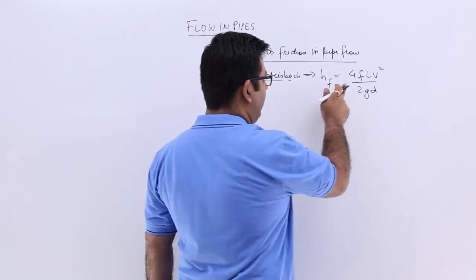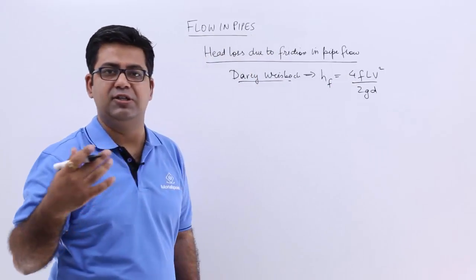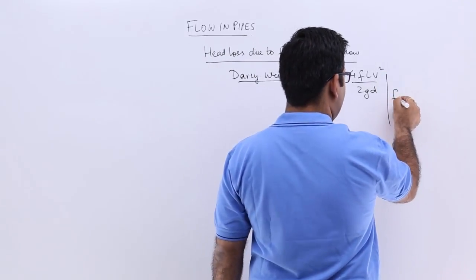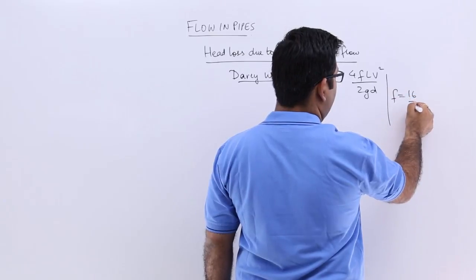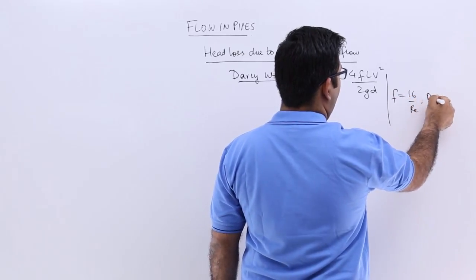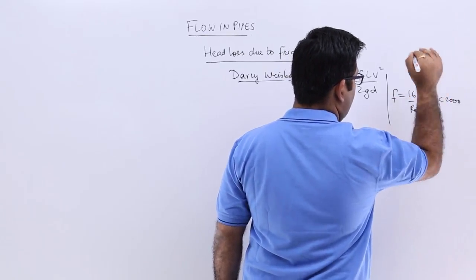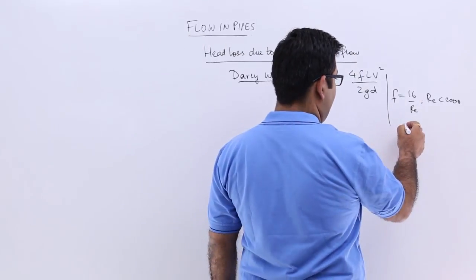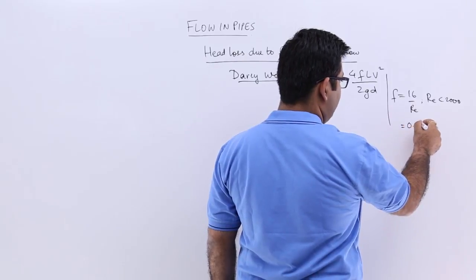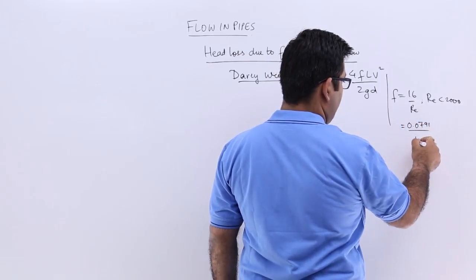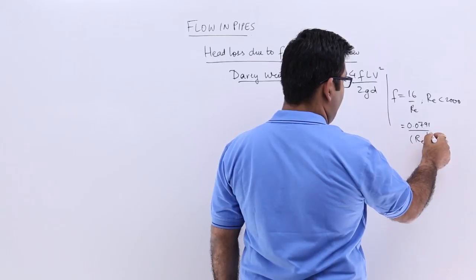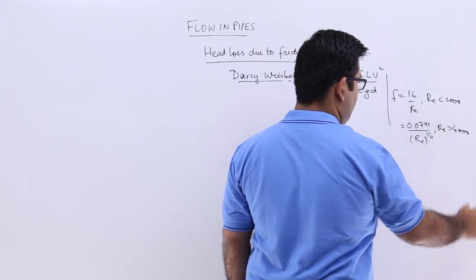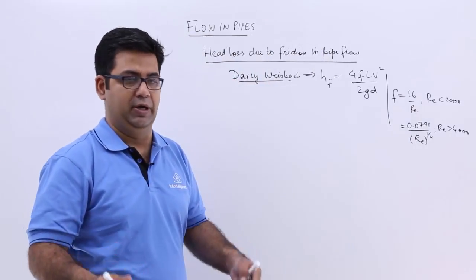So this friction factor depends upon the Reynolds number basically. So you can say that F is equal to 16 upon Re if the flow is laminar, which means it is viscous, and the friction factor is 0.0791 upon Re to the power 1 by 4 if the Reynolds number is more than 4000, which is turbulent.